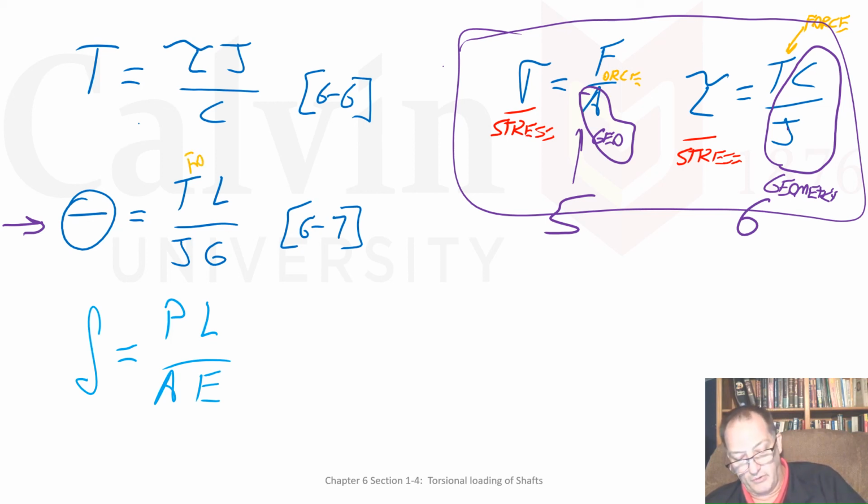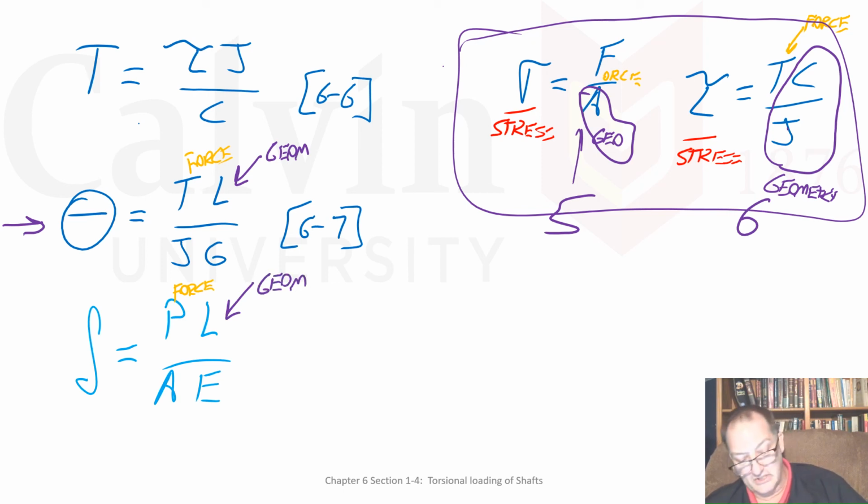This is my force here, this torque. That's my force, this P. I've got geometry terms. The length factors in. Why? Because if it's longer, it gets softer. I'm going with geometry terms are in purple. So that's geometry. And that length shows up on the top in both.